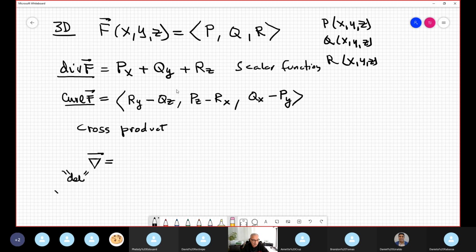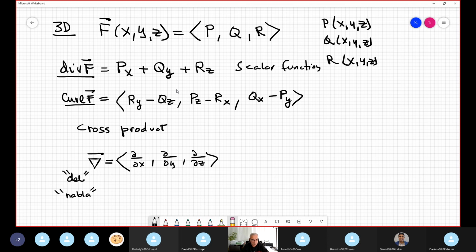Some books call it nabla. They're the same. This is totally hypothetical. It's a vector. Sorry, it's a vector. And the components of the vector are partial with respect to x, comma, partial with respect to y, comma, partial with respect to z.